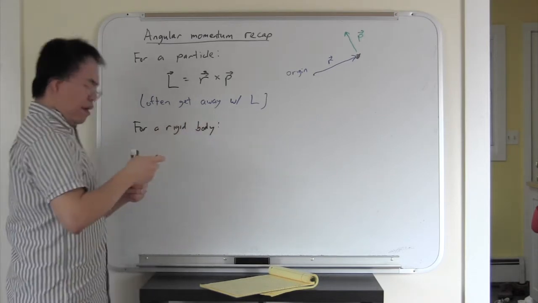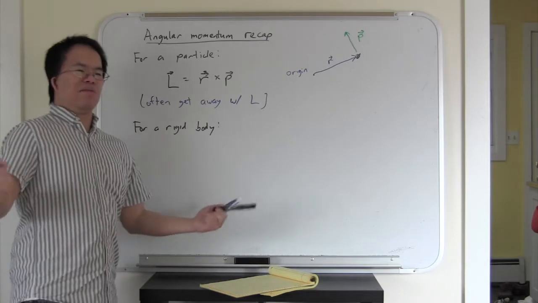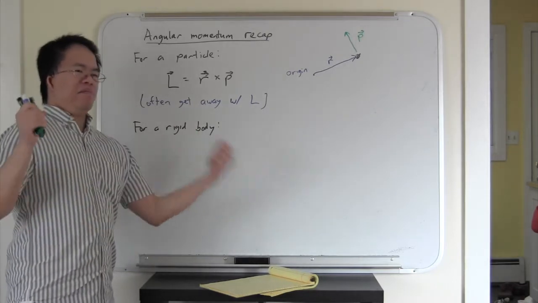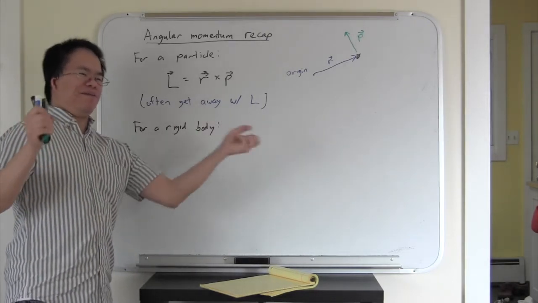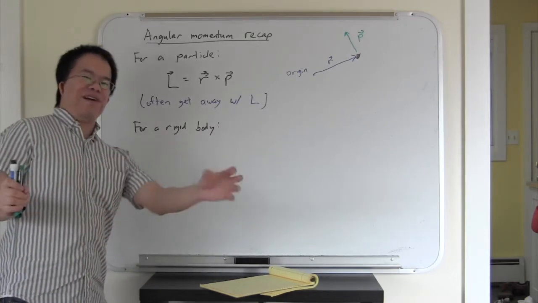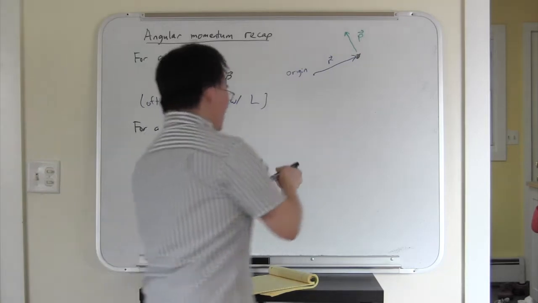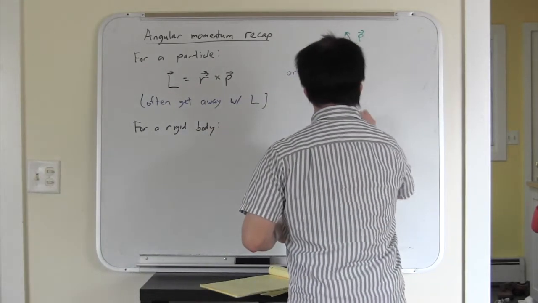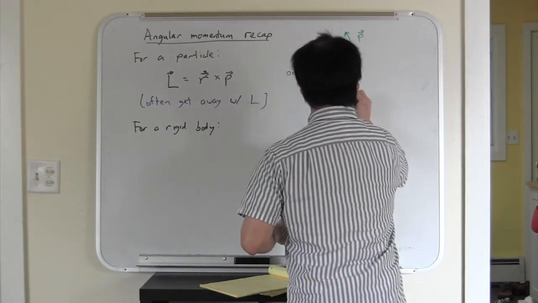The simplest kind of rigid body might be something like masses, like a dumbbell, where let's say you had masses connected by a lightweight shaft to an axle. So something like this.